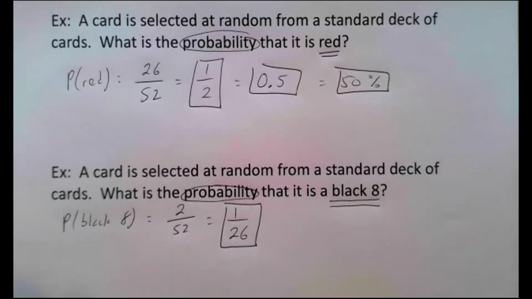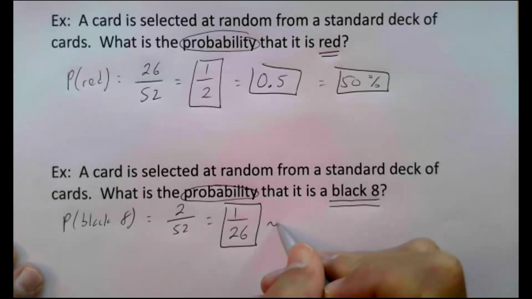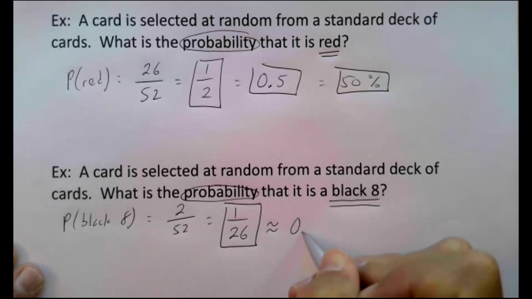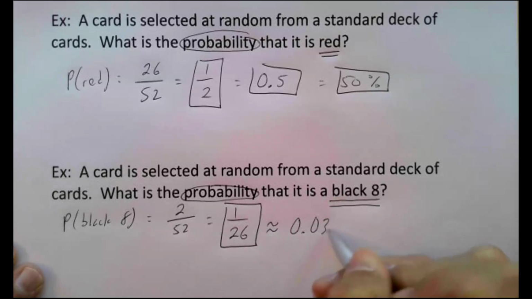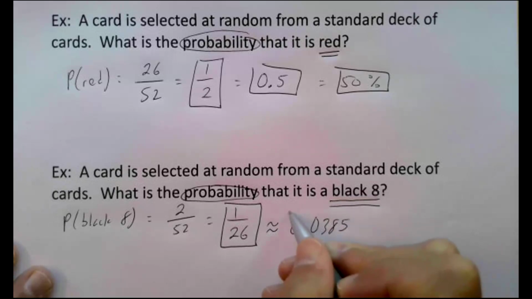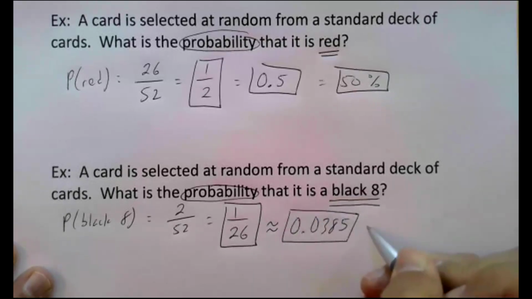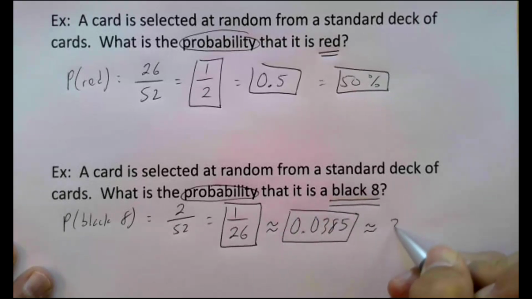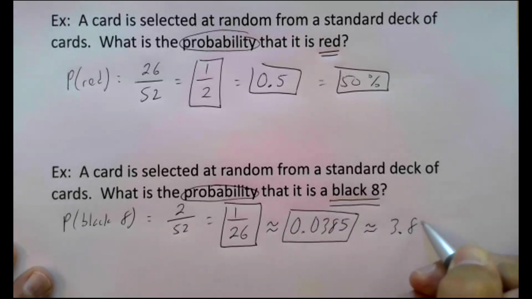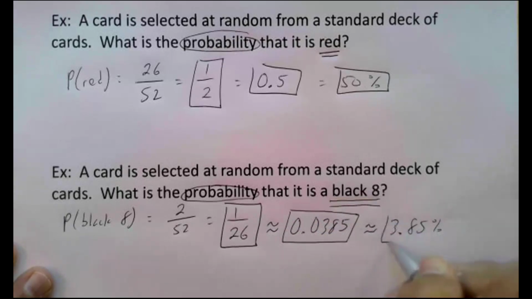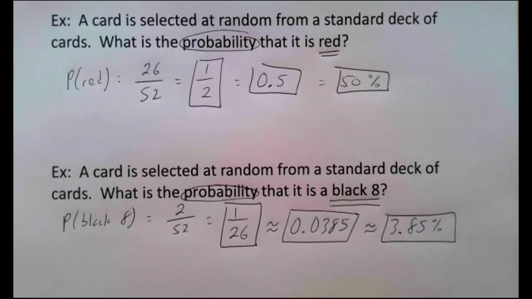So if I'm going to 4 decimal places, we are talking 0.0385. And I'm rounding off when I do that. So that's why I put the squiggly equal sign right there.